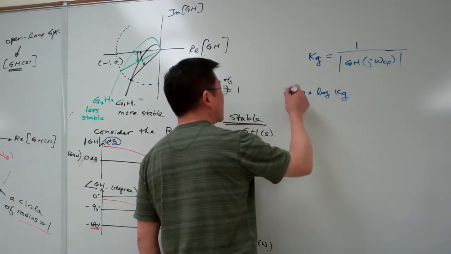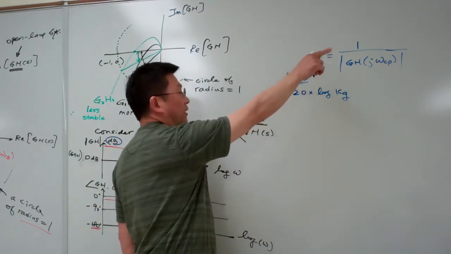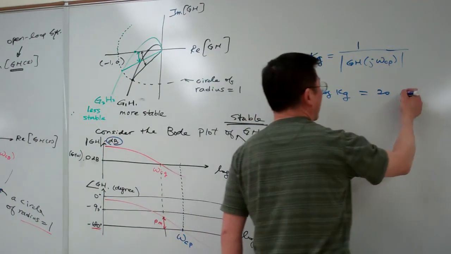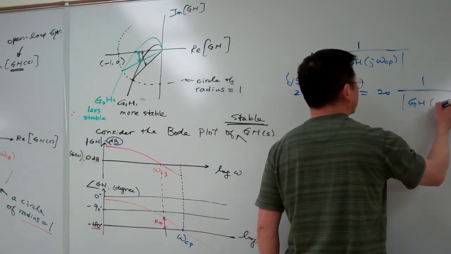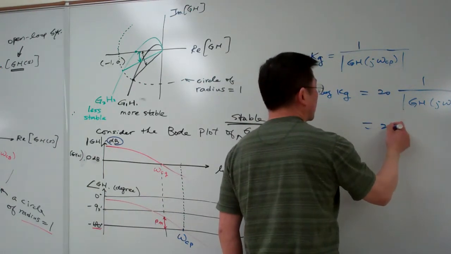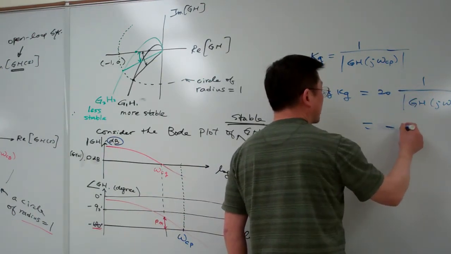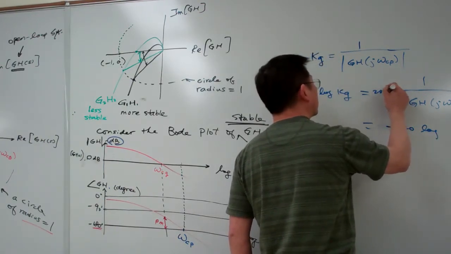I simply convert it into decibels, so I multiply the log of the magnitude by 20. Let me do this one quickly. So basically this is 20 and minus 20 times log, 20 log.